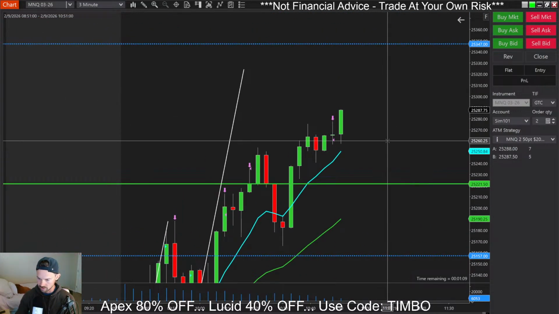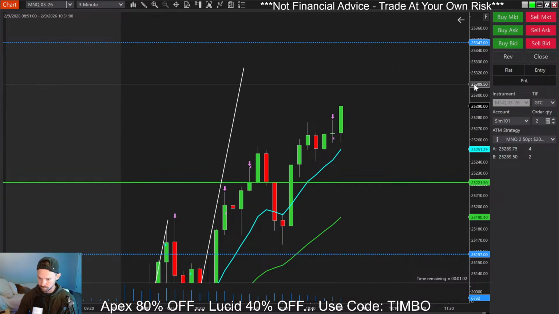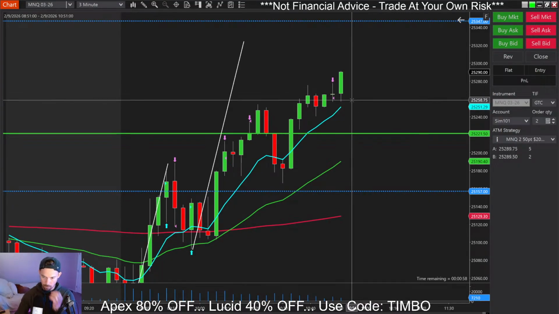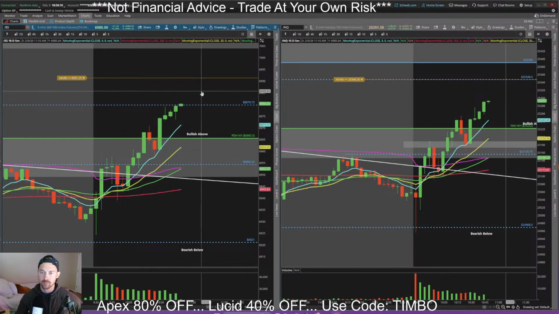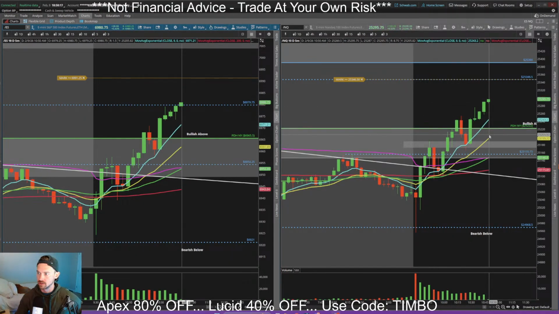Oh, there's the push. ES is kind of testing that overnight high right now. So I just didn't want to get caught in another pullback down to the EMAs. That's why I started to trail it a little tighter there.